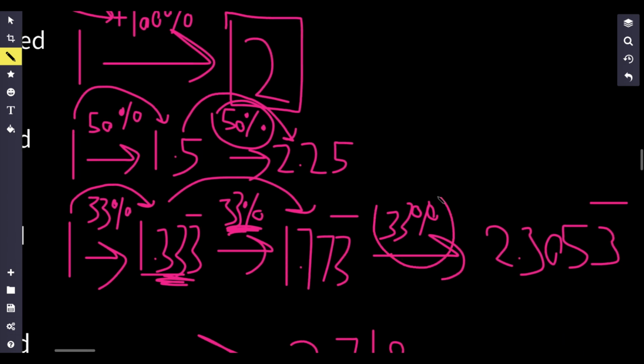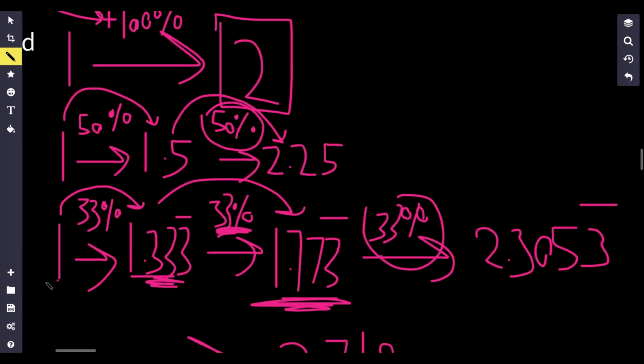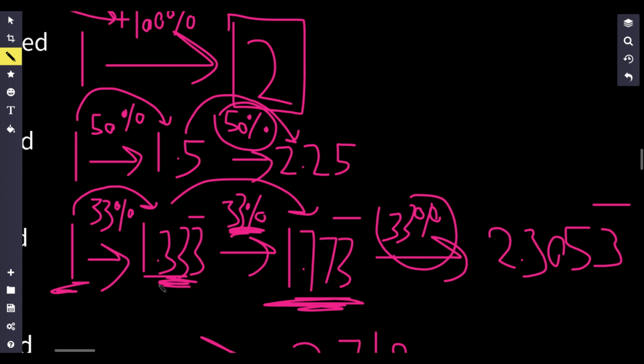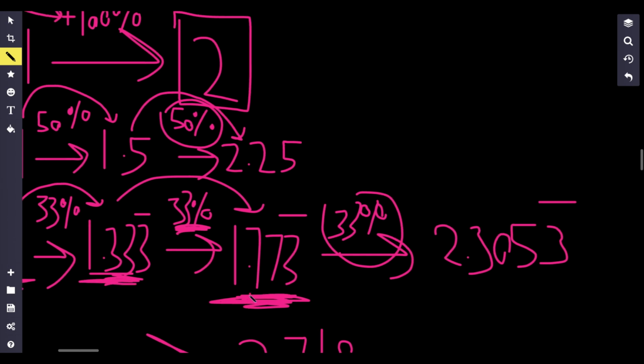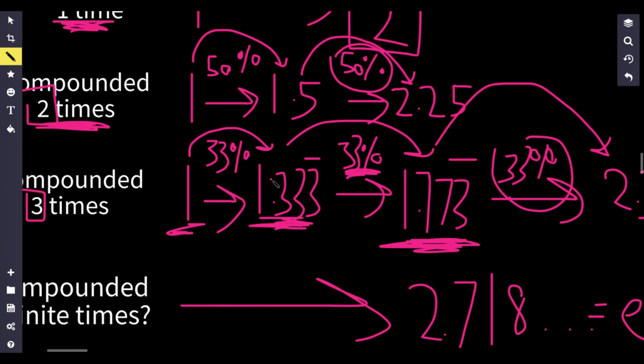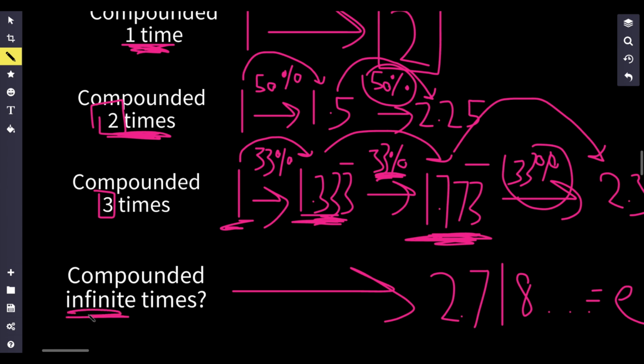Then 33% of this value, because remember, it's compound interest, so the thing that you're taking interest on is always changing. You took interest on this, now you're taking interest on this number, and now on this number. So 33% of this is going to lead you to 2.3703 repeated.